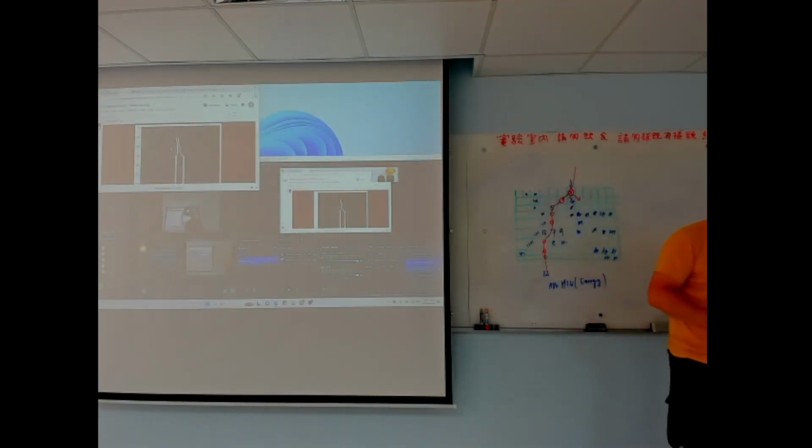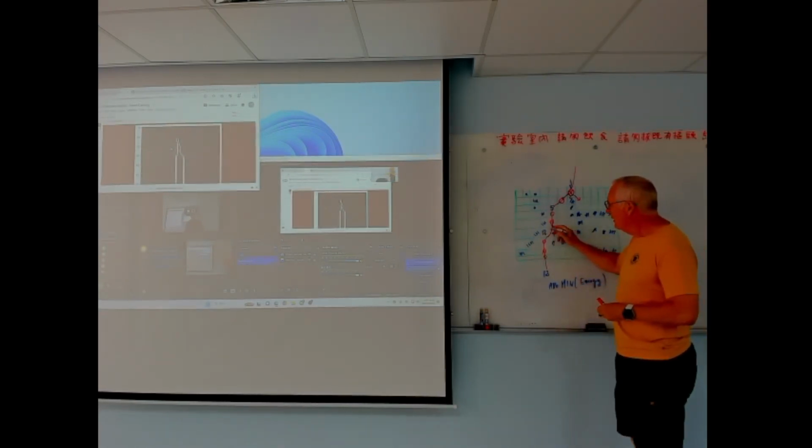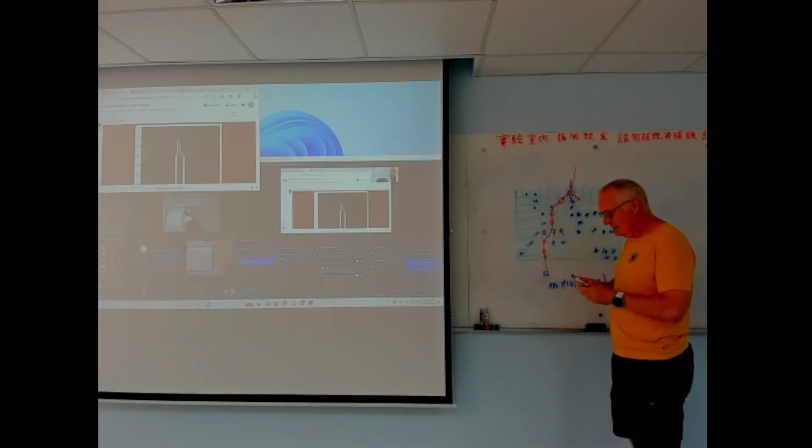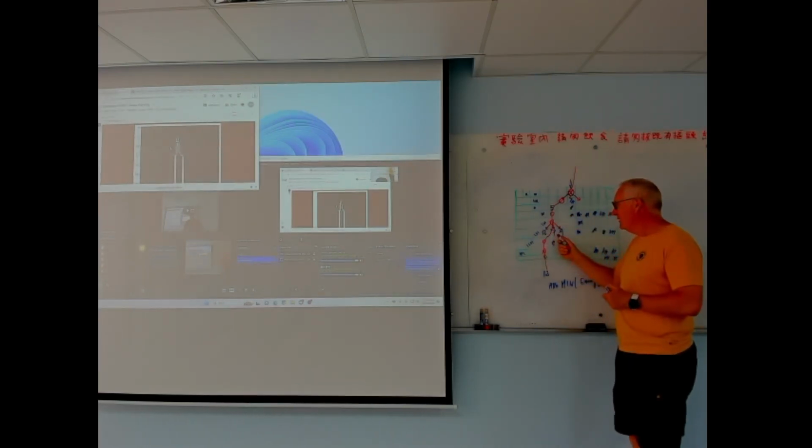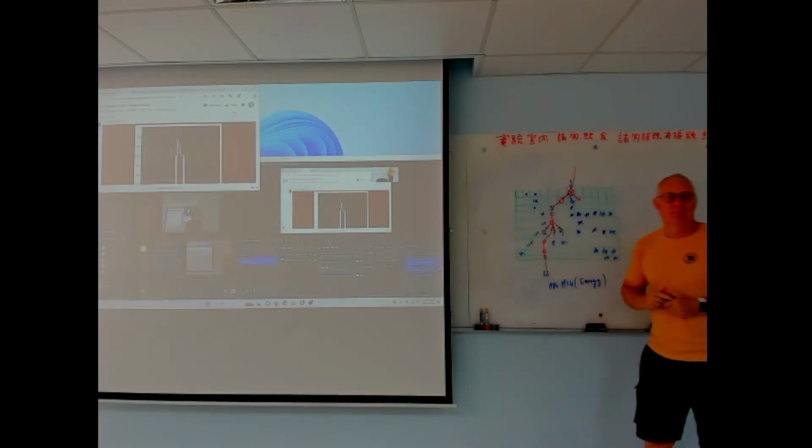So what's the problem with this algorithm? What we see here is at this point I had 3 possible choices, right? Down left, down, and down right.